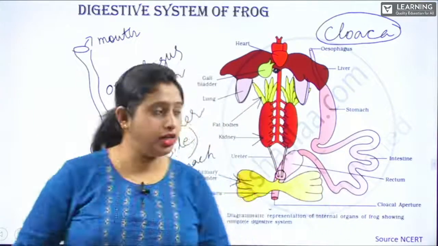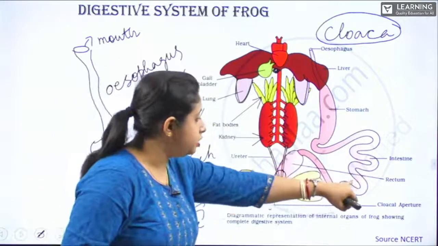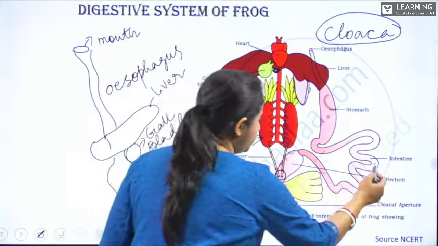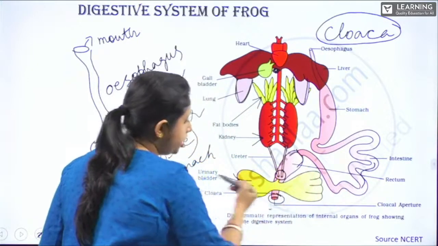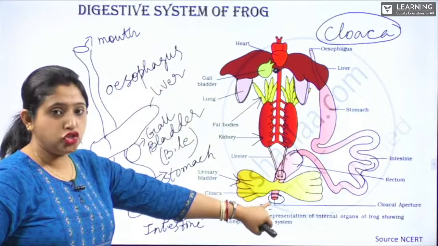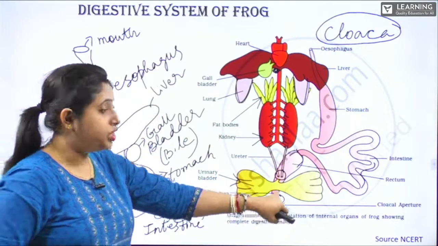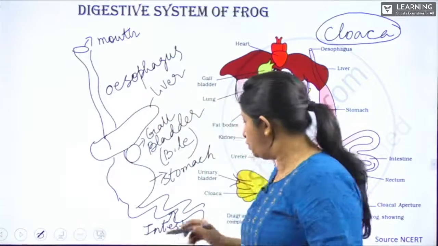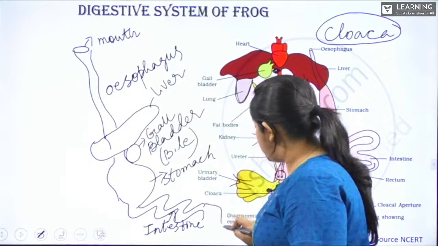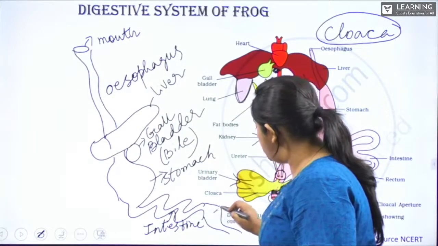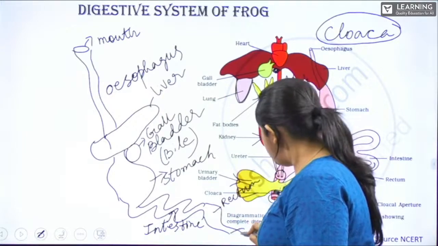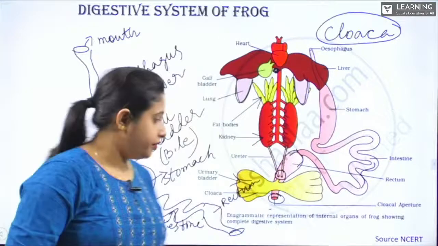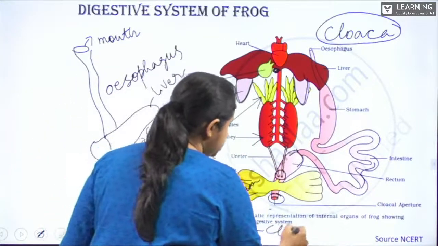Then it comes here, and then here. This is the rectum, and this is the cloacal aperture through which excretion takes place. The undigested food is released. So it comes to the rectum, they also have a rectum, and then it goes out through the cloaca.